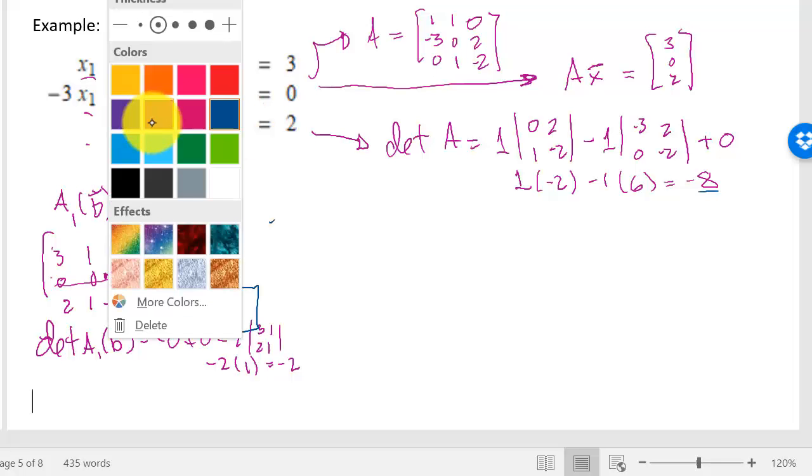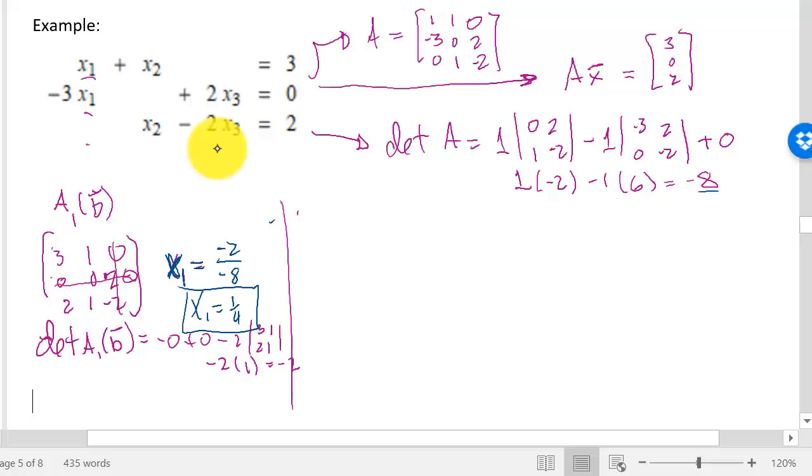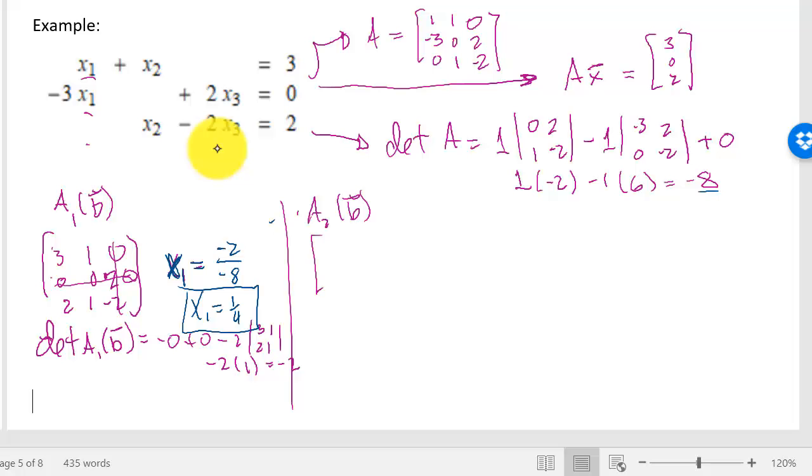Okay, now let's go back and continue with finding A sub 2 of B. Again, we write down the A matrix, and then we're going to replace the second column by the B vector. So the second column is going to be replaced with 3, 0, 2. And now we expand again to find the determinant. I don't think any of them is more favorable than another, so let's expand through the first row.